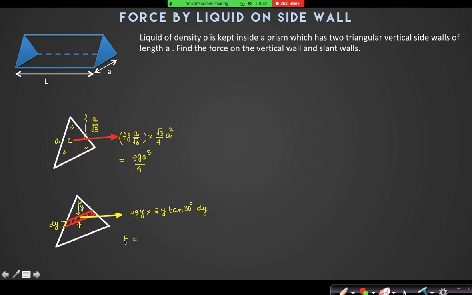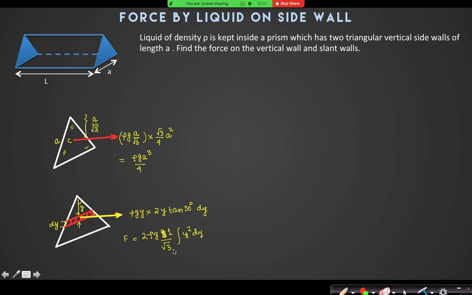Tan 30 degrees is 1 by root 3, so I can integrate it: 2 rho g 1 by root 3, y square dy.